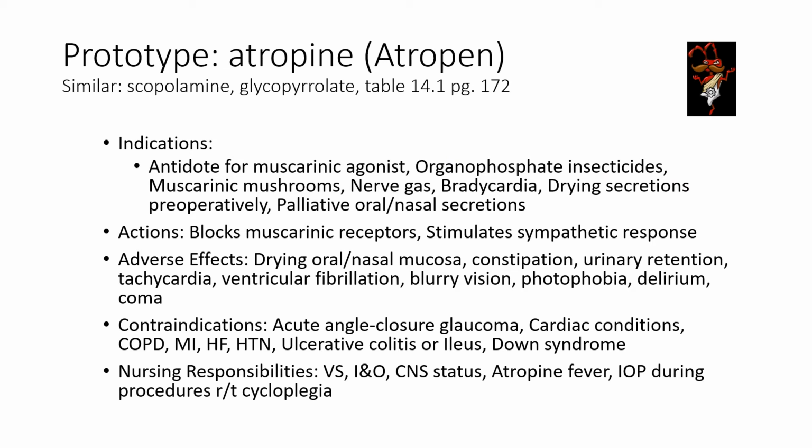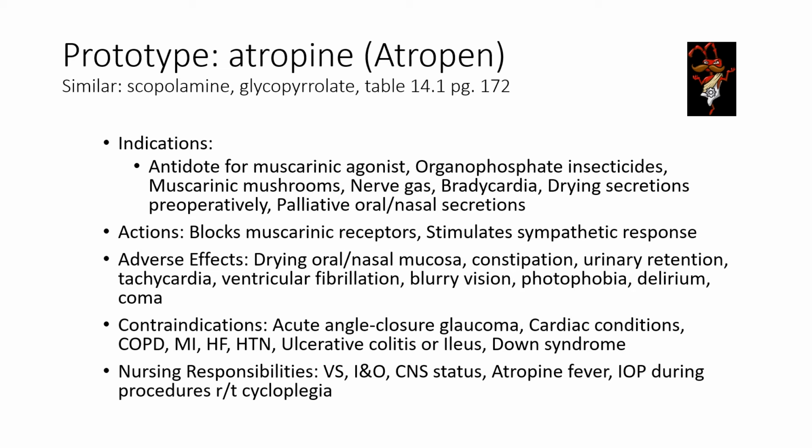So atropine and other similar drugs, there's one called scopolamine, there's another one called glycopyrrolate. They're worth knowing. They're all in the anticholinergic group. You could also say parasympatholytic group. So there are just different ways to name the same group.